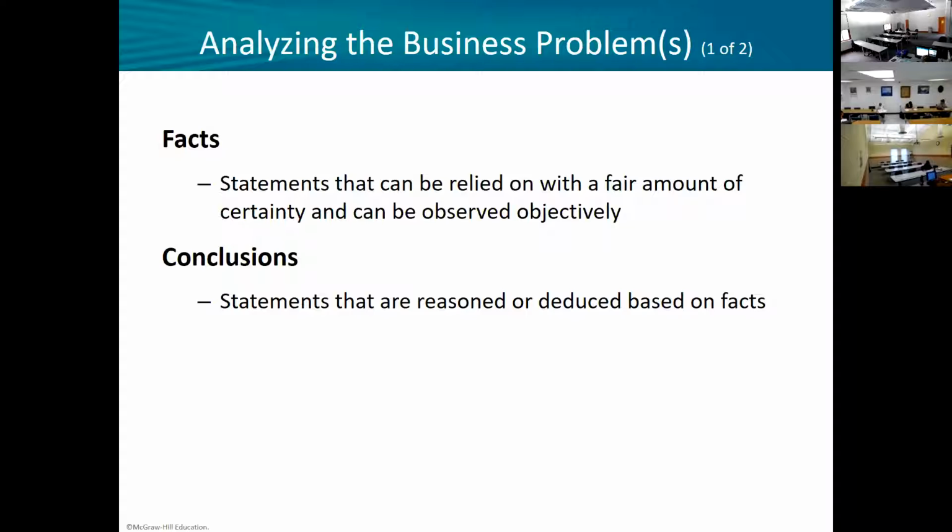When you analyze the problem, be sure that you can rely on facts, not just conjecture, okay? Statements that can be relied on with a fair amount of certainty and that can be observed objectively, those are facts.